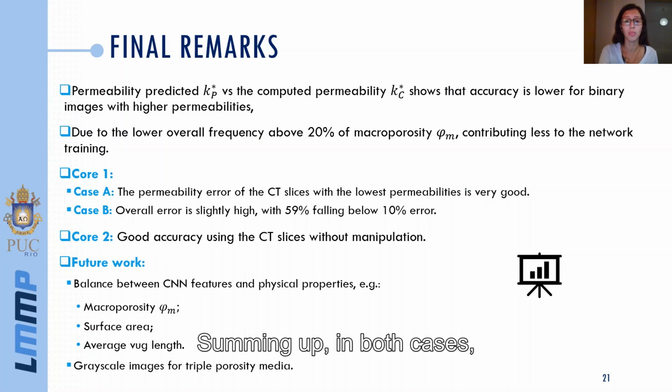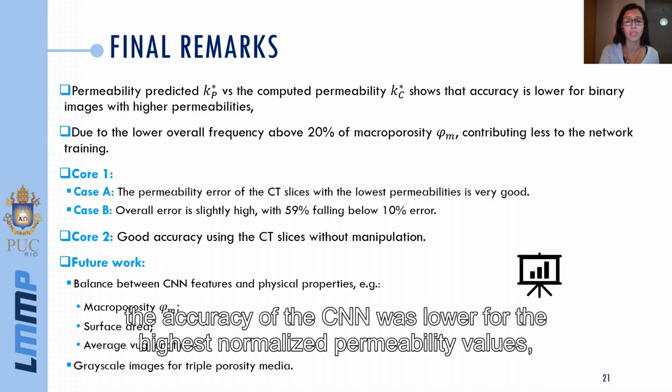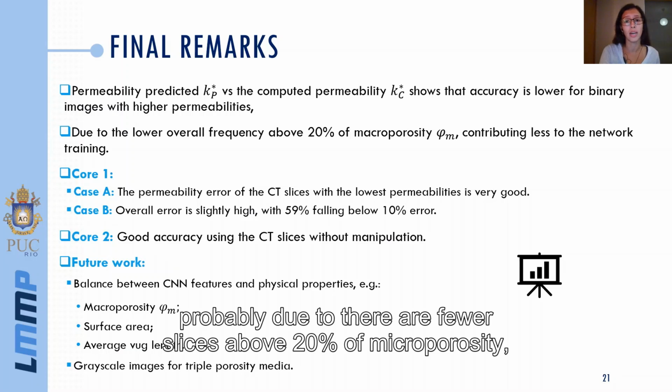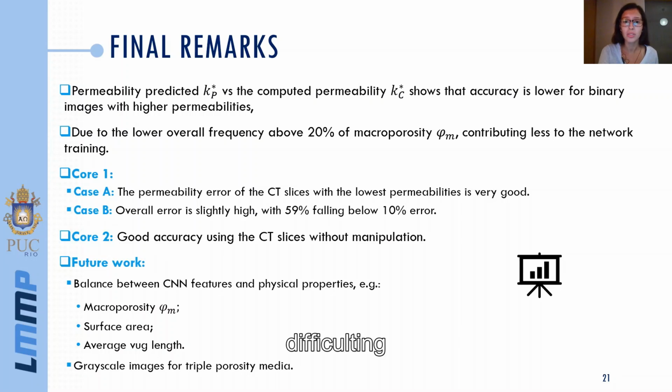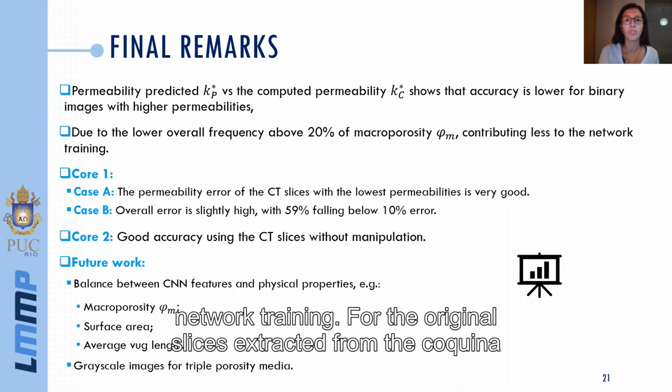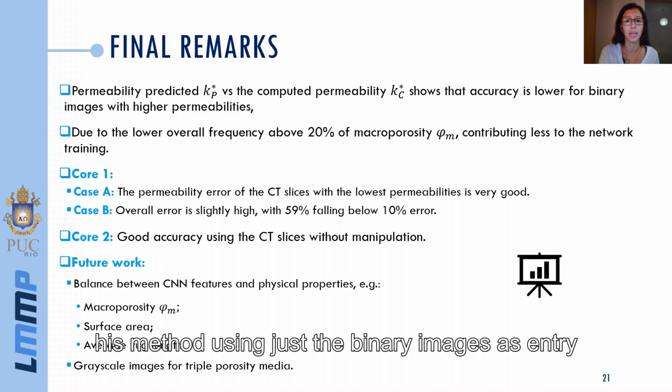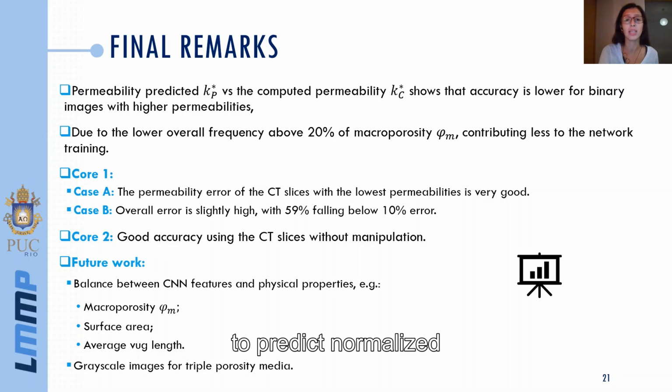Summing up, in both cases, the accuracy of the CNN was lower for the highest normalized permeability values, probably due to there being fewer slices above 20% of macroporosity, making the network training difficult. For the original image extracted from the coquina sample, up to 90% of VUG area for the first core, this method using just a binary image as entry to predict normalized permeability was effective.